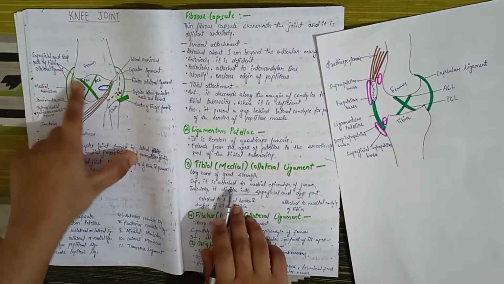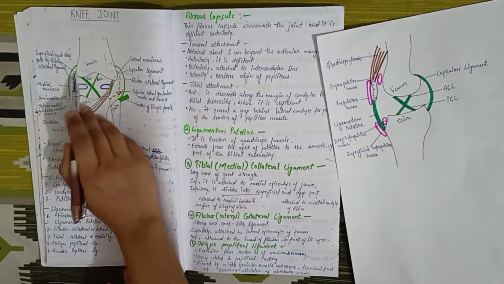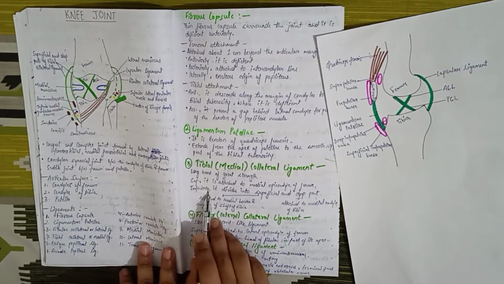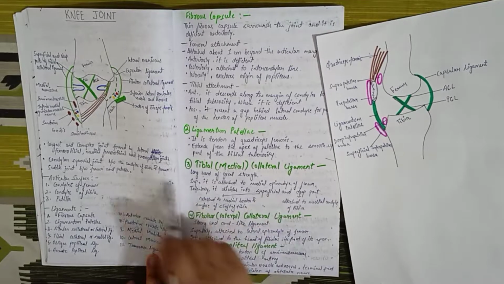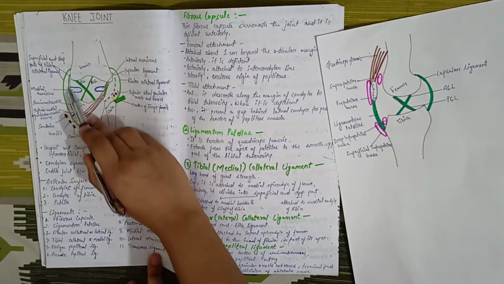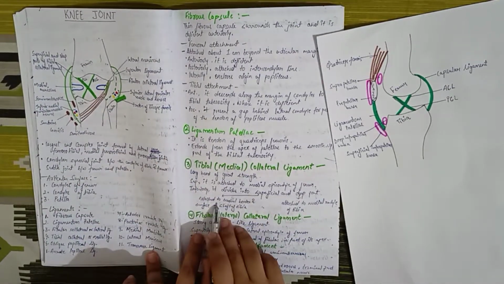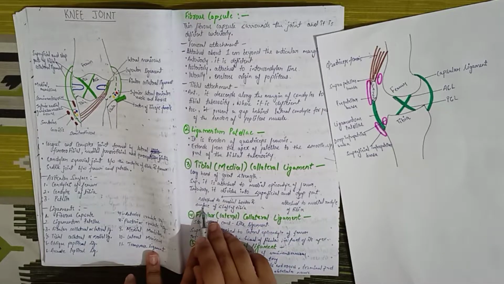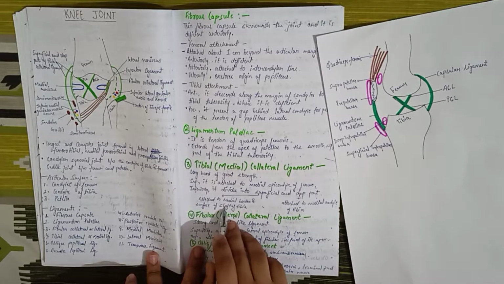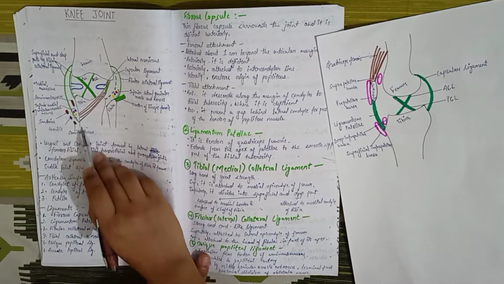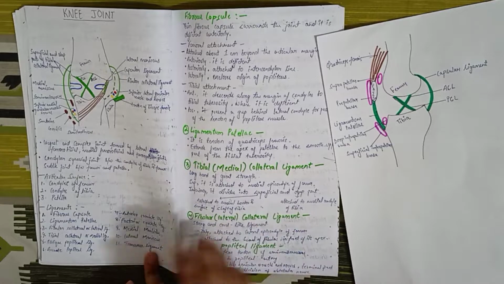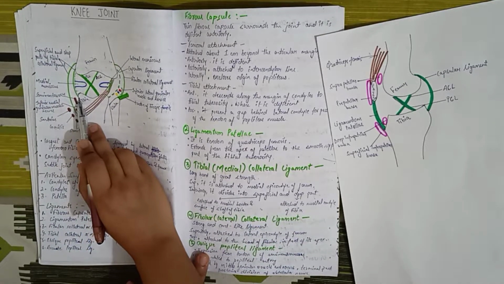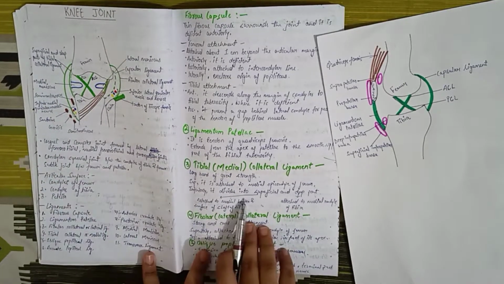Superiorly it is attached to the medial epicondyle of the femur, and inferiorly it is divided into two parts, superficial and deep. This is the superficial part and this is the deep part. The superficial part is attached to the medial border and surface of the shaft of the tibia, and the deep part is attached to the medial condyle of the tibia.